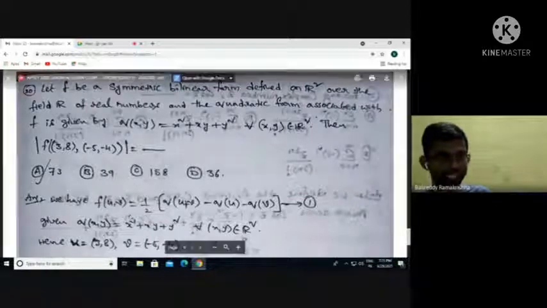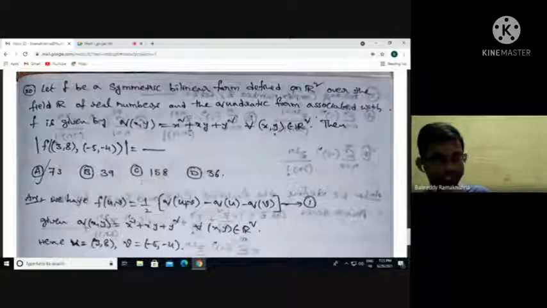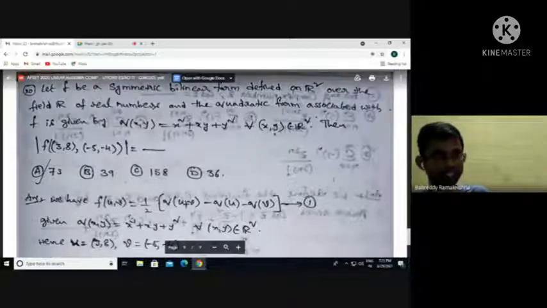So we have to find this modulus value. The four options are A 73, B 39, C 158, D 36. The question is about the quadratic form associated with a symmetric bilinear form.